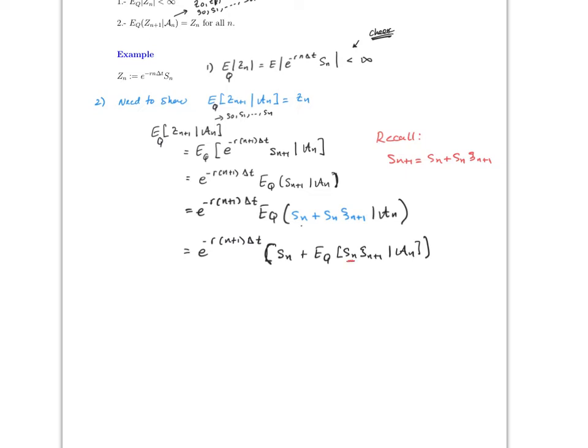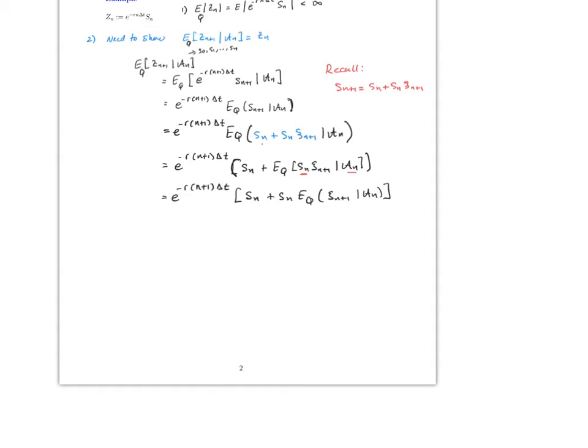Again, this part is measurable with respect to this one, so you can take it out. This will be e to the minus r_{n+1} delta t times S_n plus S_n times the expected value with respect to Q of C_{n+1} given A_n.